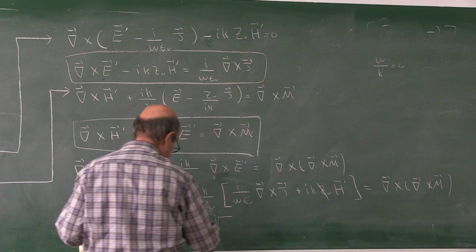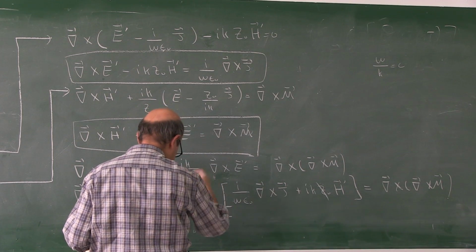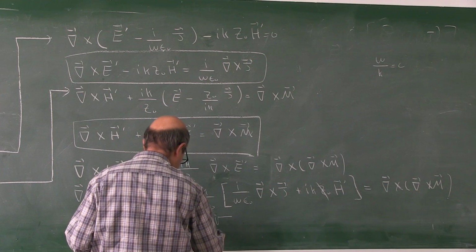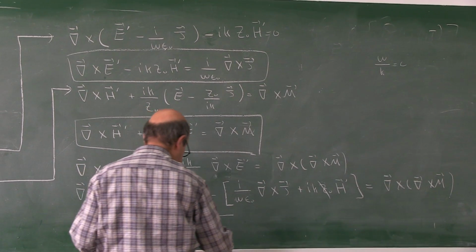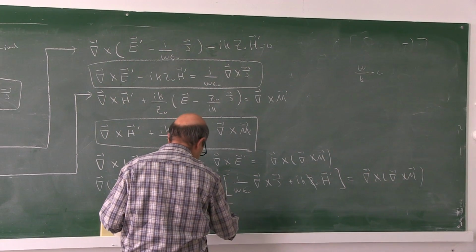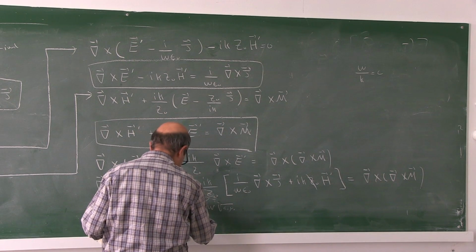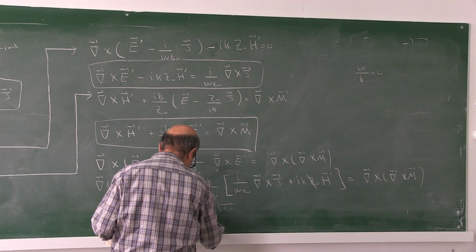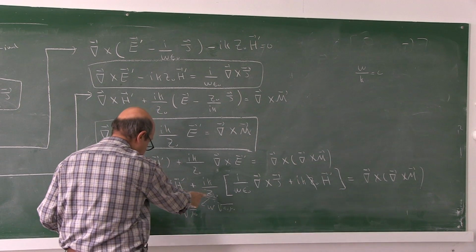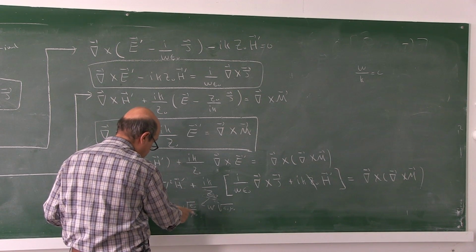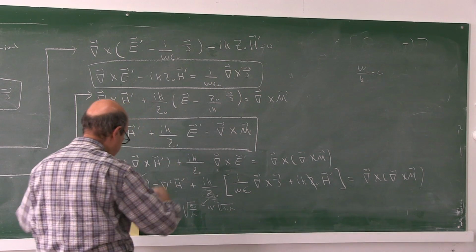So 1 over Z0 is the inverse of Z0. This will be epsilon 0 over mu 0 if you take this up.